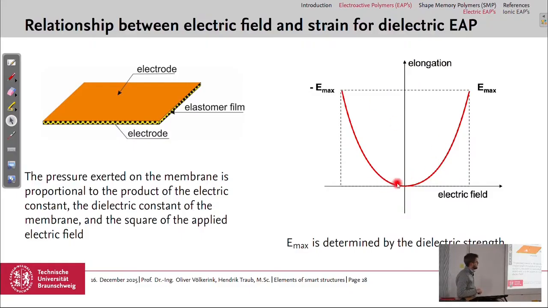So in this range, we need a rather large change in electric field to get a change in elongation, and then since it's squared, here we only need small changes in electric field to get high elongations.